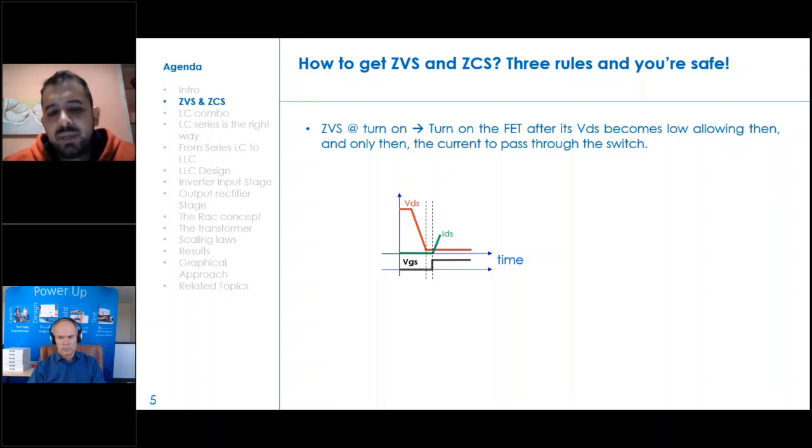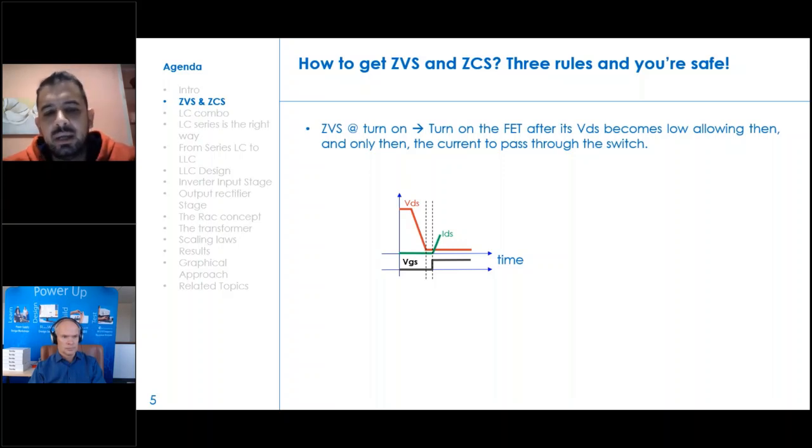For the sake of simplicity, let's focus on the turn-on mechanism to explain the zero voltage switching and on the turn-off mechanism to explain the zero current switching, but the concept can be reversed or extended on the complementary transition.